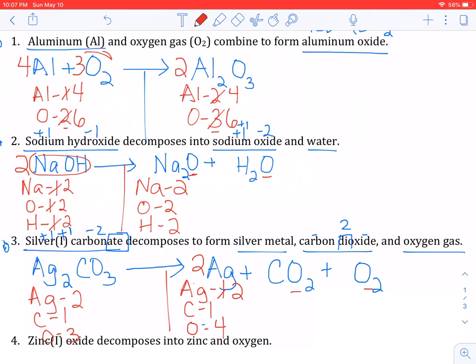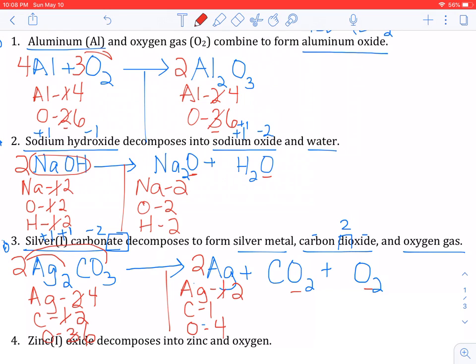If I do that, I put a 2 in the front. That then gives me 6 oxygens, right? 2 times 3. It also changes the amount of Ag and C. So it then gives me 4 Ags, right? 2 times 2. And then it gives me 2 carbons as well.